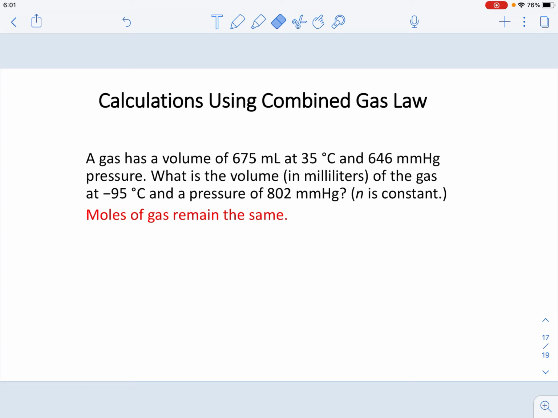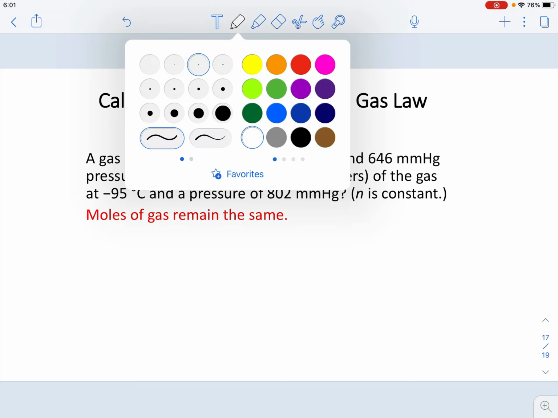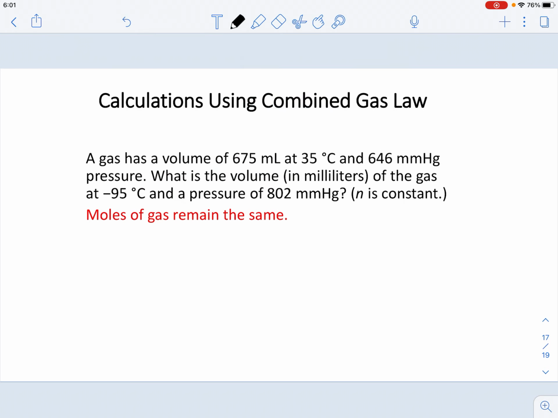Remember that for this problem, your number of moles for a gas is constant. Well, as we have done in the other problems, the first thing that we're going to do is write our equation, which is P1 times V1 over T1 is going to equal P2 times V2 over T2.